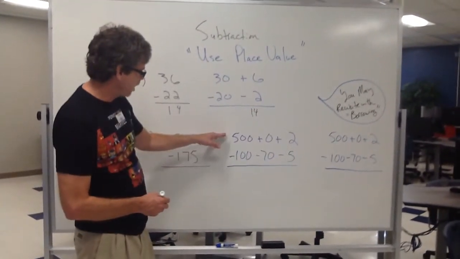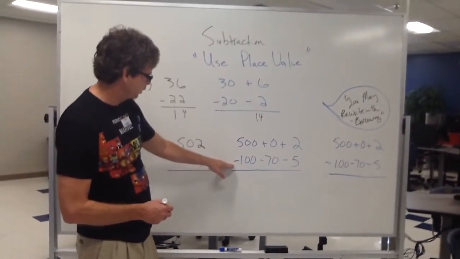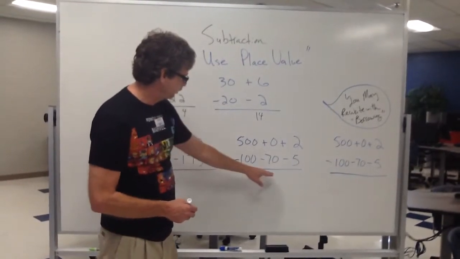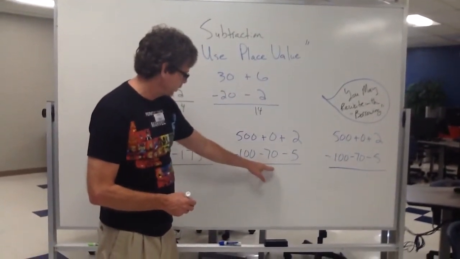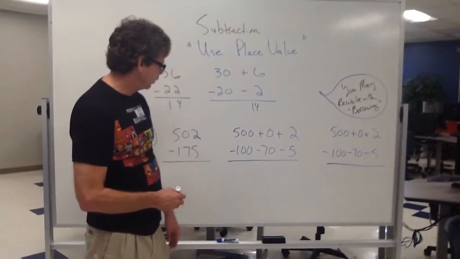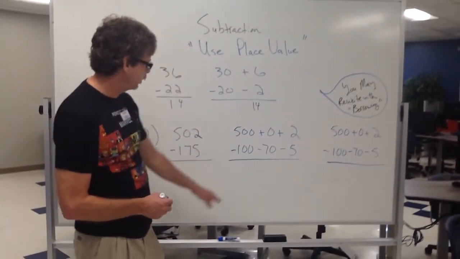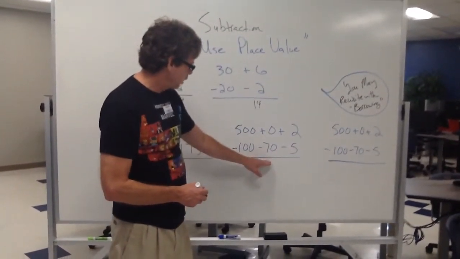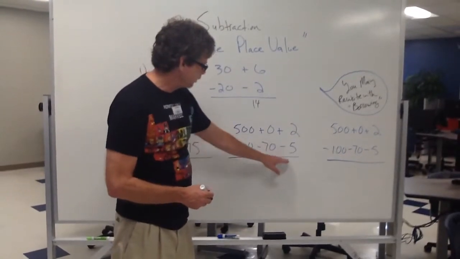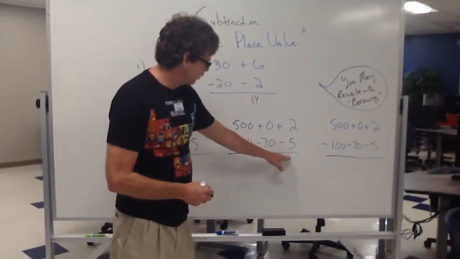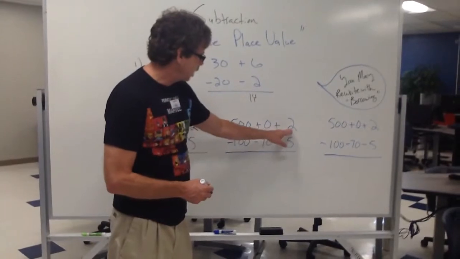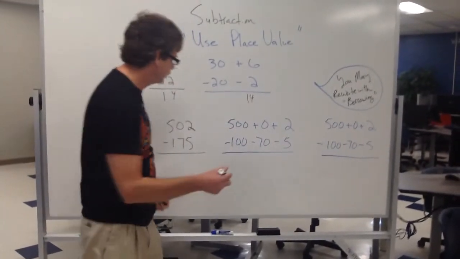So again, I would probably go 500 take away 100 would be 400. 400 take away 70, a little more challenging. 400 take away 70 would be 330. Instead of adding 2, I would probably subtract 5. 330 take away a 5 would be 325, and then I would add that 2 and get 327.